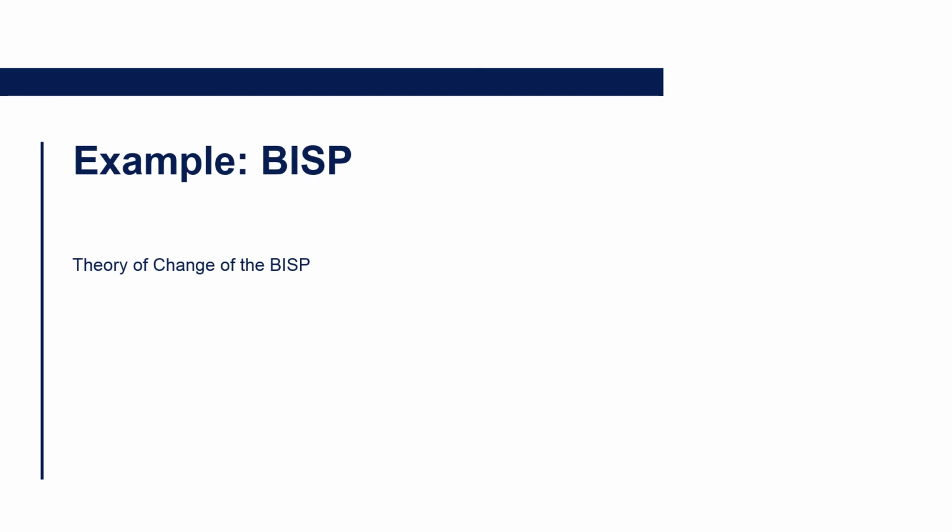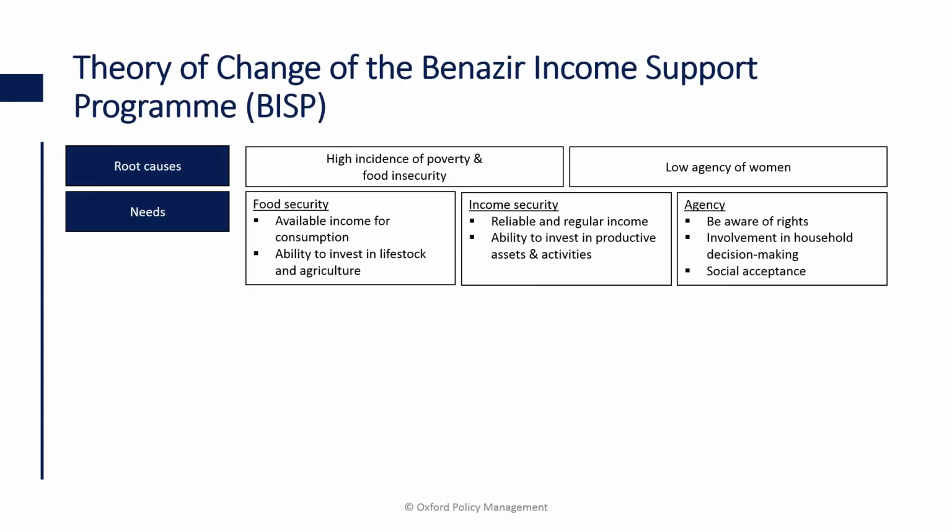Cash transfers like the BISP, financed by taxes or development assistance, are most often used to tackle multidimensional and persistent poverty. The BISP has the explicit goal of reducing poverty by providing needy households with female members and members with disabilities an unconditional cash transfer.